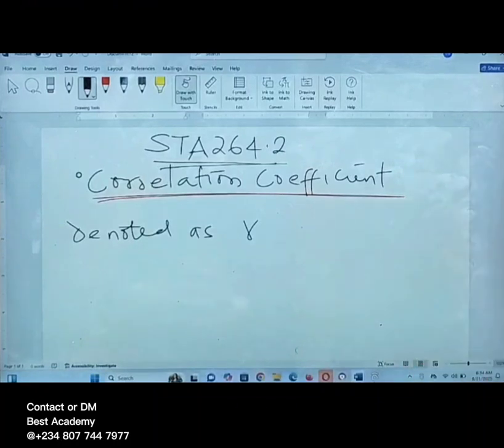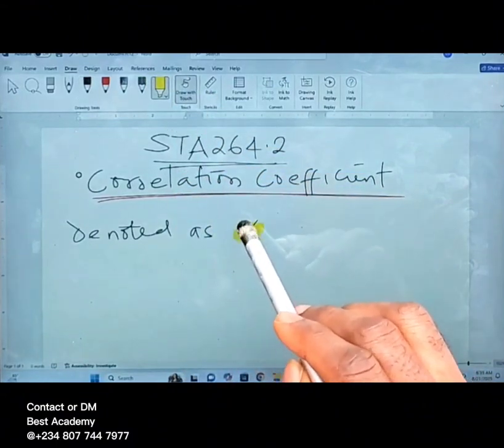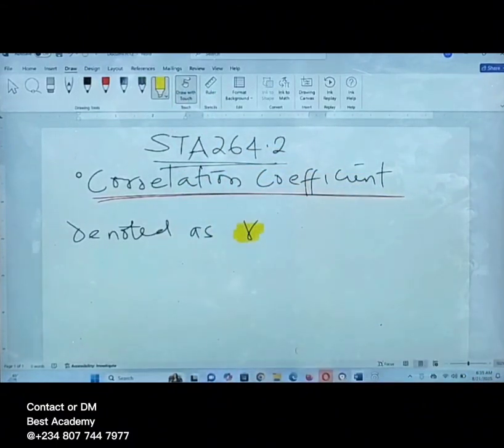It's always different from the coefficient of determination, where we use capital letter R. That will be our next topic. But in terms of correlation coefficient, we use small letter r.